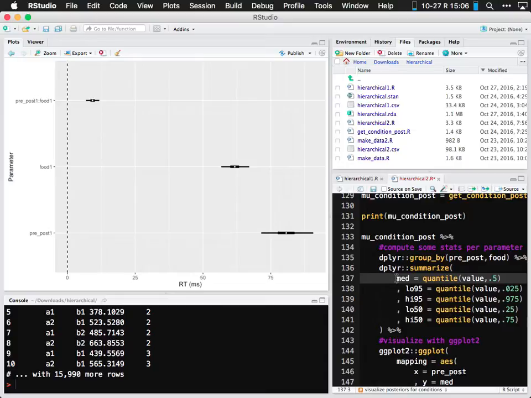The output from the Bayesian model is a bunch of samples from the posterior for each of those parameters. So for each sample, you can grab the intercept sample and grab the difference sample, and given those two things, figure out what condition A, the first condition, would be, and what the other condition would be.